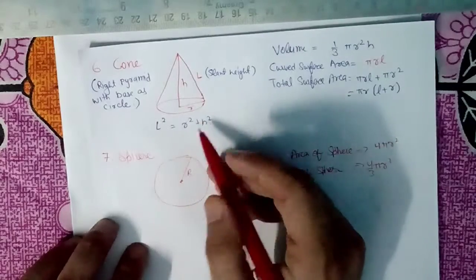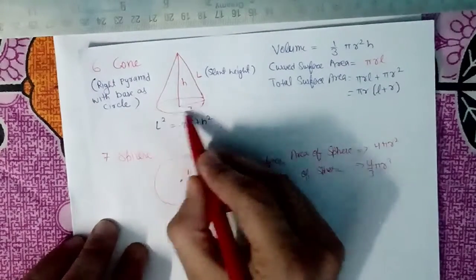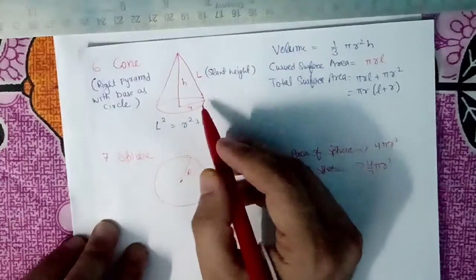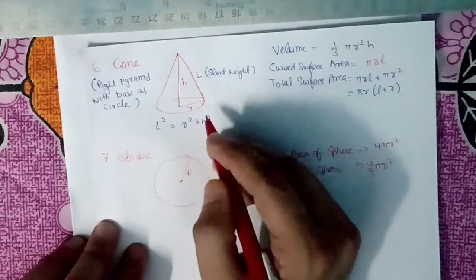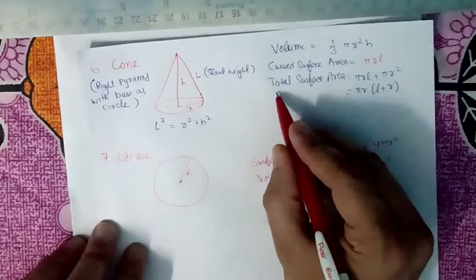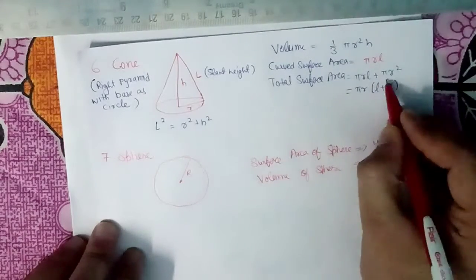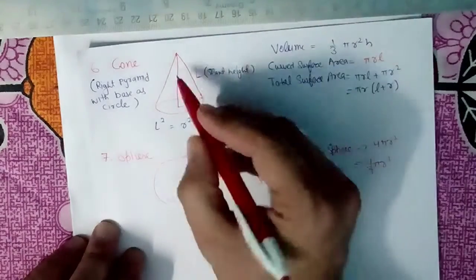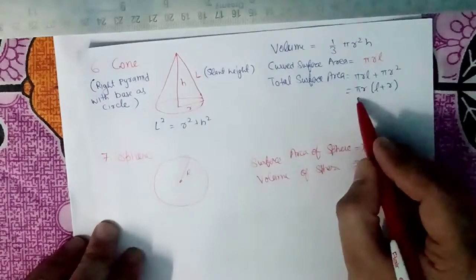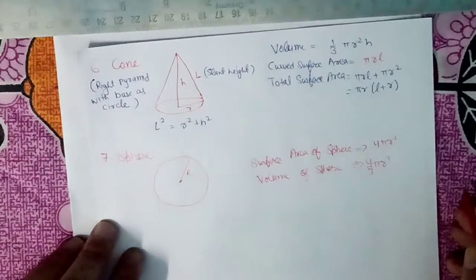The curved surface area, excluding the upper part, is pi r l. The total surface area will be this plus pi r square, the curved surface area plus the area of the base, which gives pi r into (l plus r).